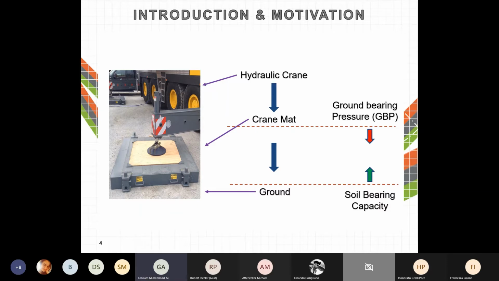For that, we use the weight of the crane and the payload, and then that weight is divided onto the crane mat, which exerts pressure on the ground. As a result, the ground exerts a resistance, or you can say a reaction against that pressure, to make it stable.